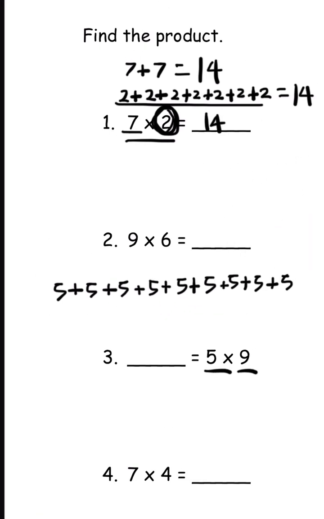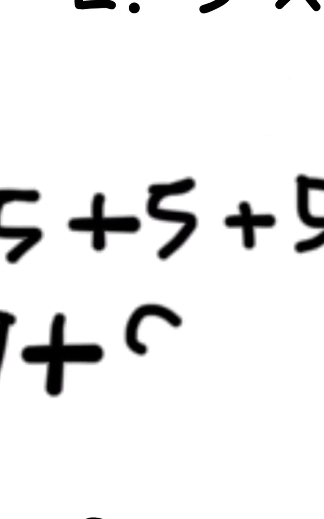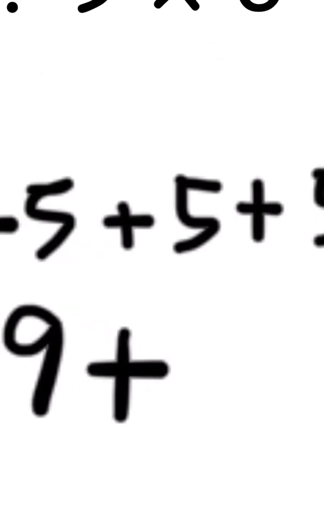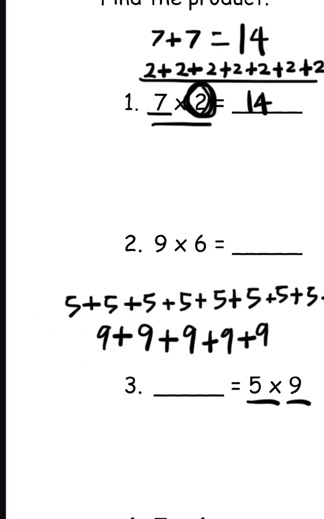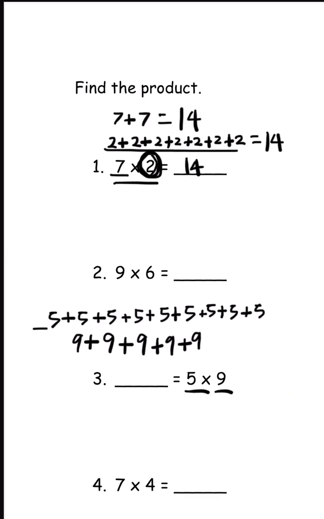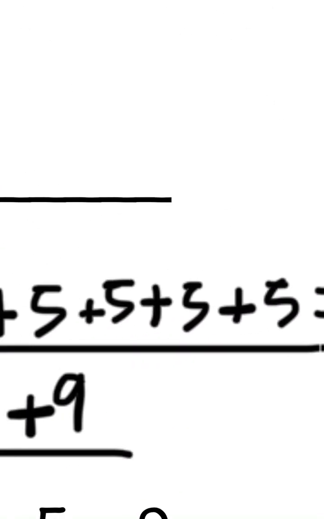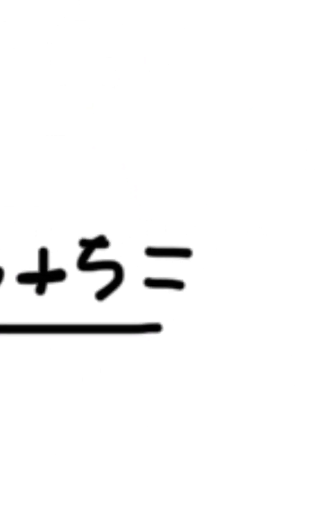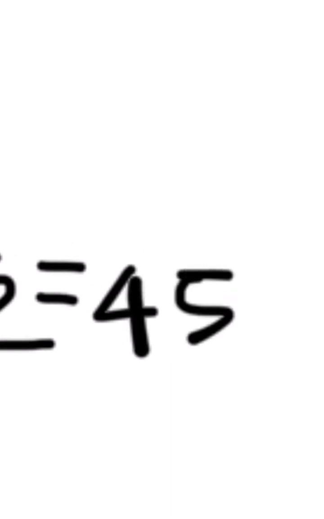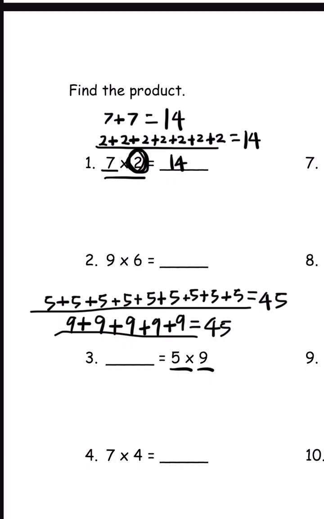Or it could be 9 five times: 1, 2, 3, 4, and 5. So we could write 5 nine times, or 9 five times. It's going to give us the same answer, which, if you add all of them, is going to be 45. So 45 is going to be the answer for number 3.